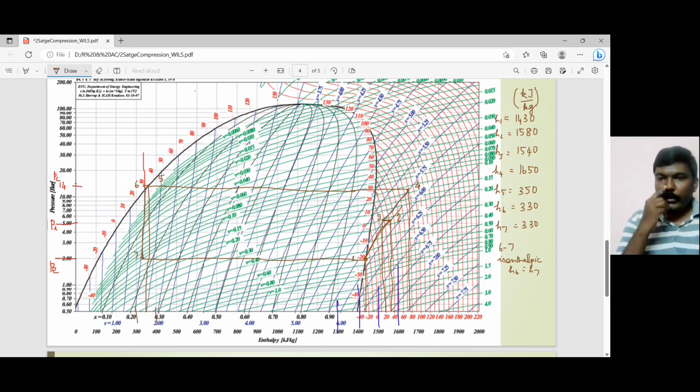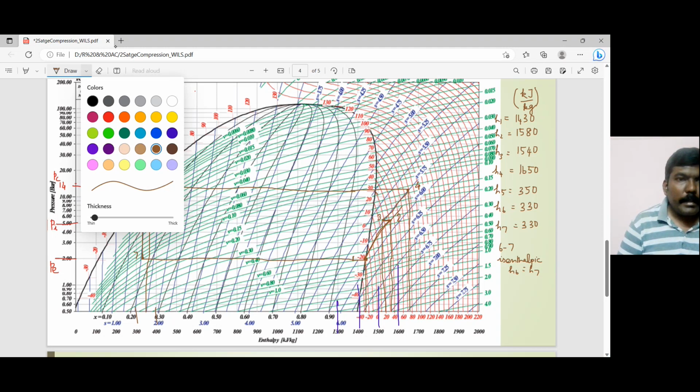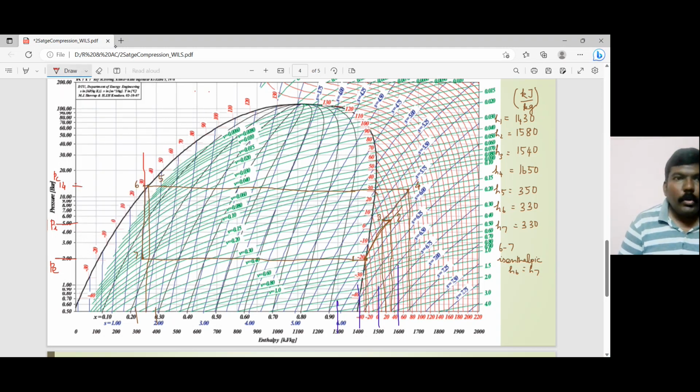Okay. So the net work input would be WLPC plus WHPC. Okay. So let me make use of this space available over here. Let me use the red color. So if you want to find the refrigeration effect, that is going to happen in the process 7-1.